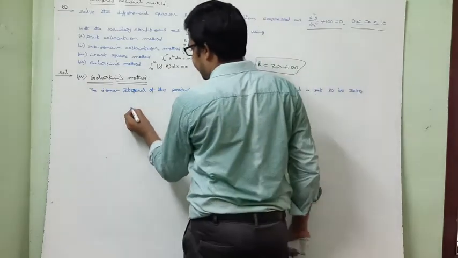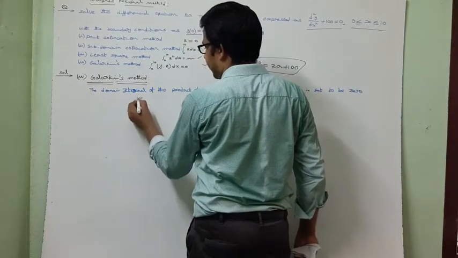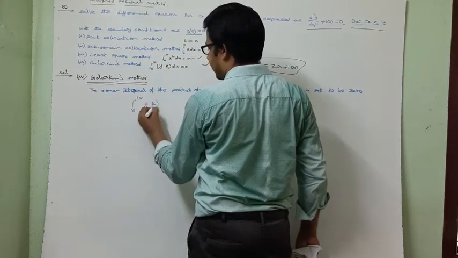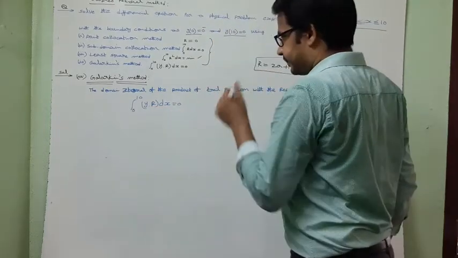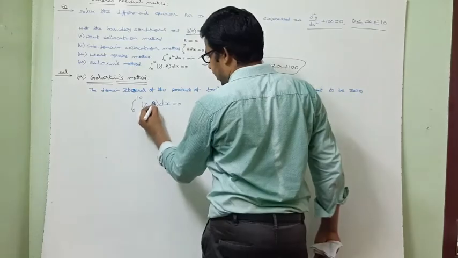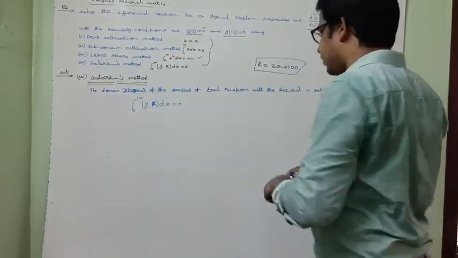So here, integral 0 to 10 of y into r dx is equal to 0.